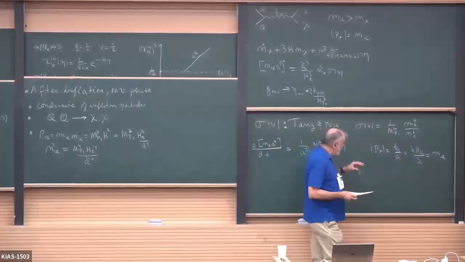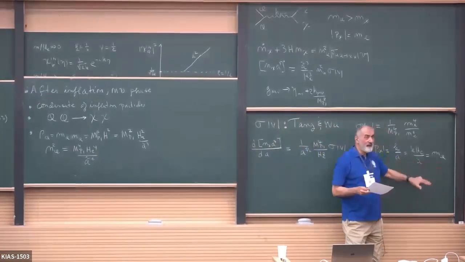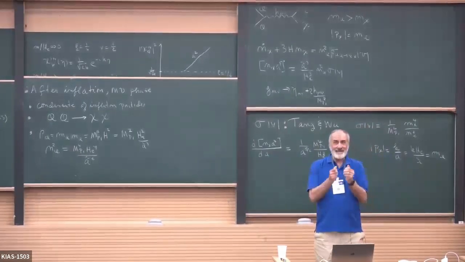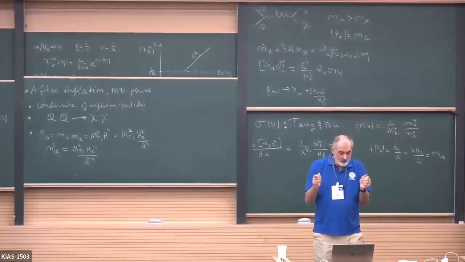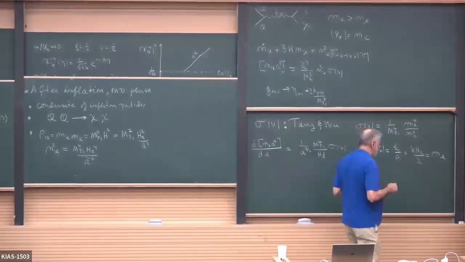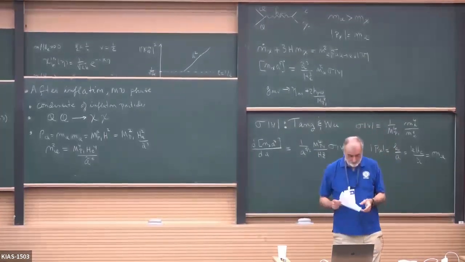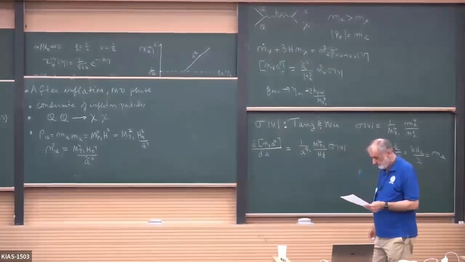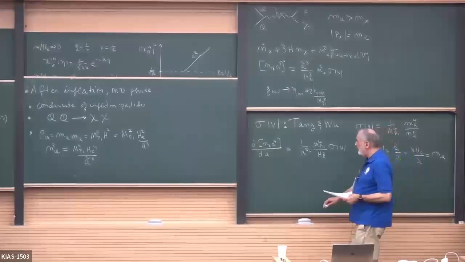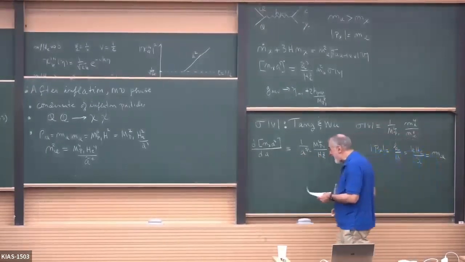So when k is equal to a times m phi is the value of a when the resonance occurs, when two phis will produce two chi particles. So I can, instead of writing d by da, I can write it as d by dk.